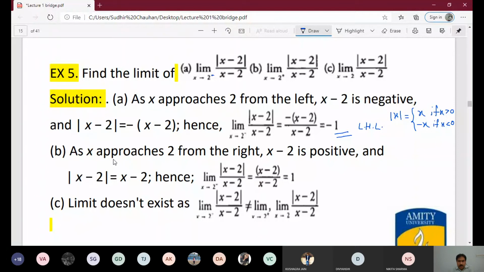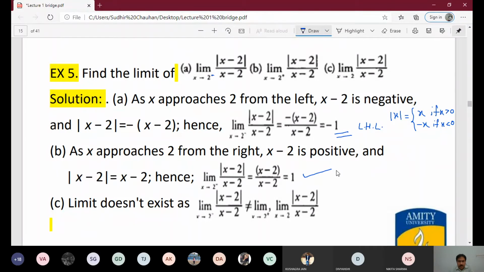Now in the second part, part B, limit x tends to 2 plus mod x minus 2 upon x minus 2. We are approaching from the right, so it is the right hand limit, and when we move from the right, x minus 2 is positive, so it will remain positive after removing the mod, and if we take the limit, it will be equal to 1.